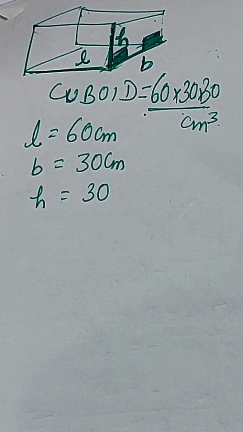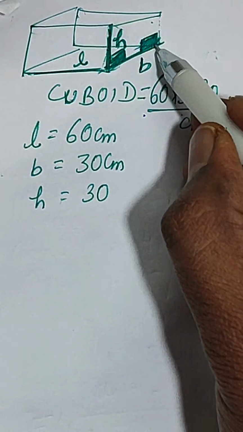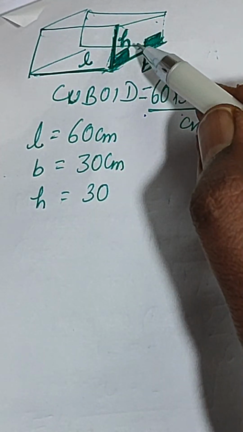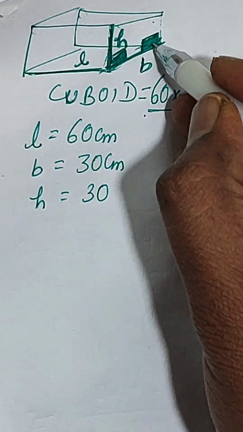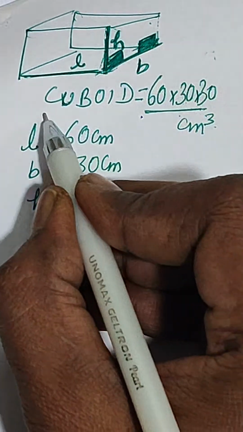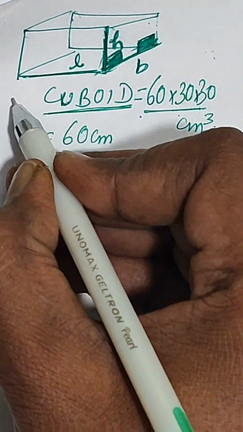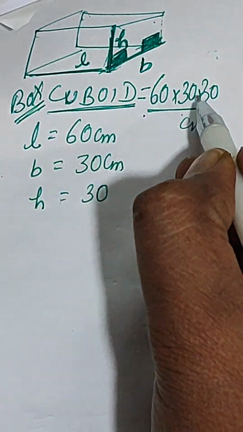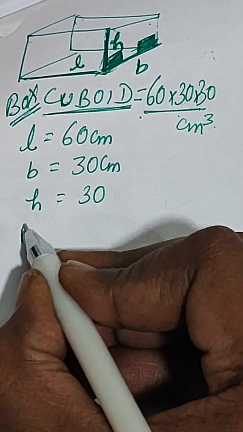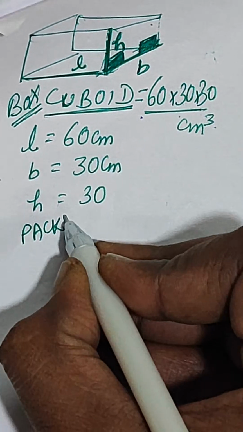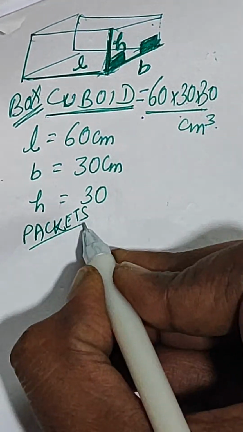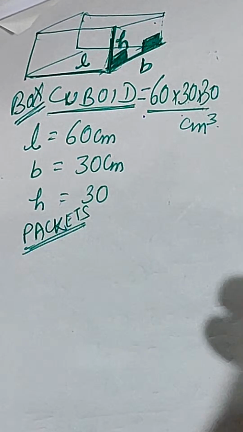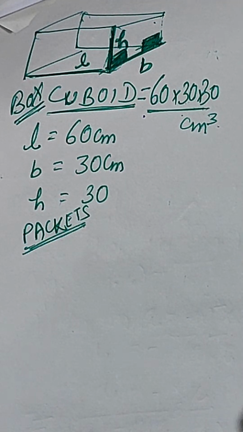And it's given how many packets of certain dimensions can be placed inside it. So this is the box, this is the dimension of the box, and the packets are also having the dimensions of a cuboid, right?